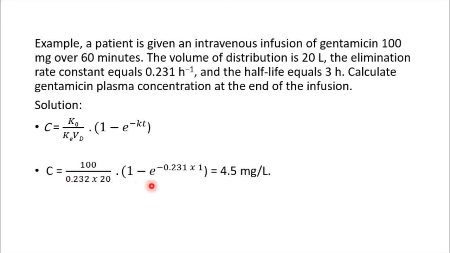The time that we are going to use here is 1 hour, because the question asks for the plasma concentration at the end of the infusion, and the infusion is over 60 minutes. The resulting plasma concentration at the end of the infusion is 4.5 milligram per liter.